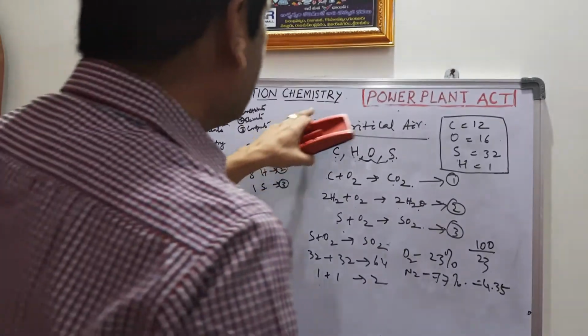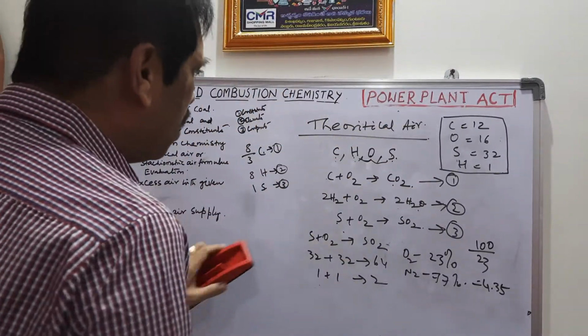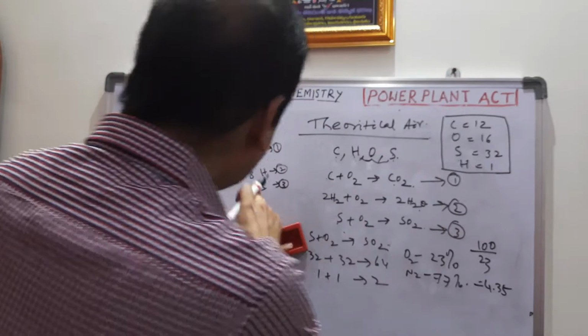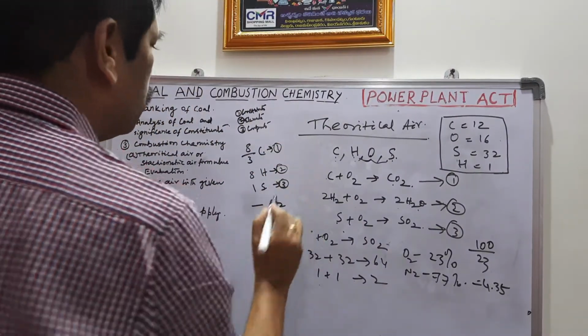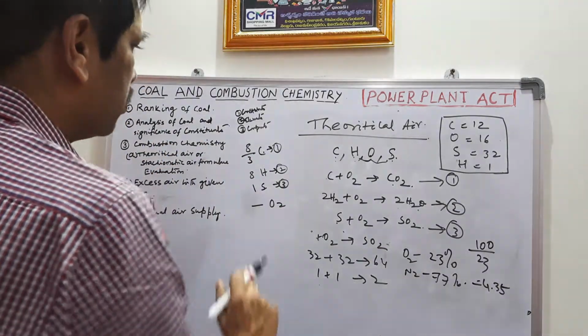So for calculating the total theoretical air, what to do? We have to add all these things, minus O2. We are going to deduct this oxygen.